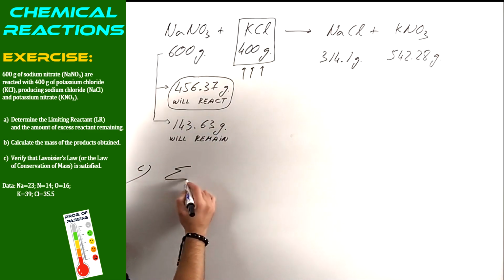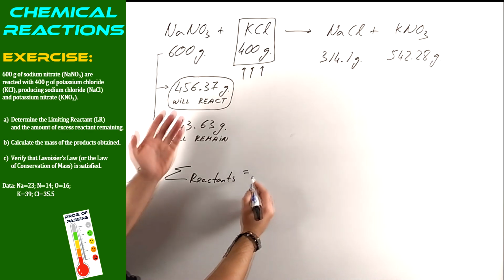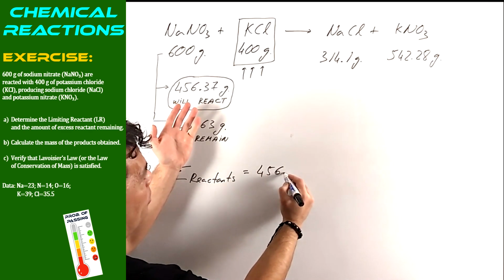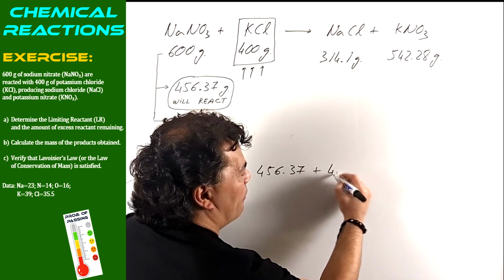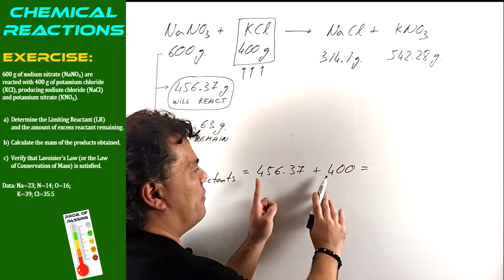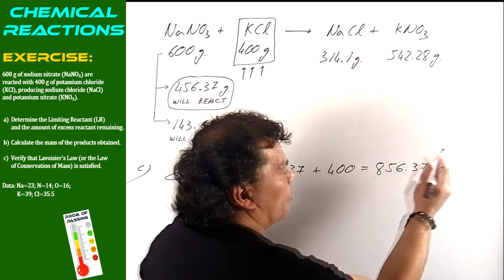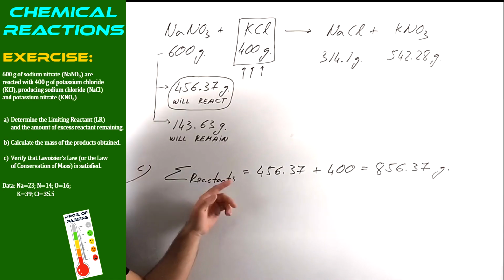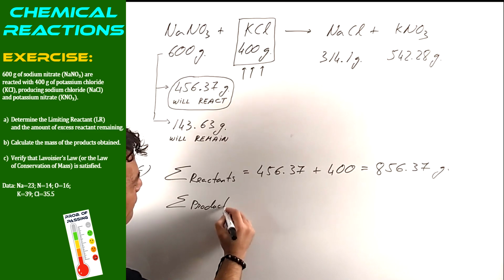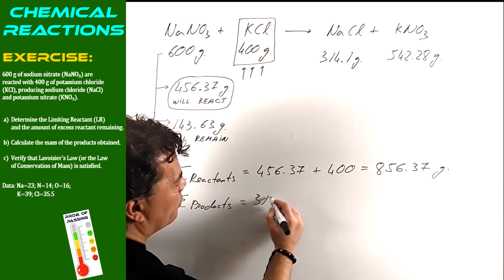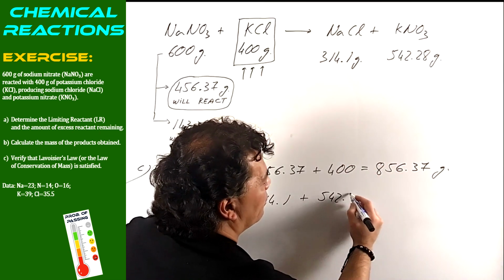So we are doing 456.37 plus 400 of potassium chloride, which is 856.37 grams of reagents. And now we are adding in the products, of course, 314.1 plus 542.28.